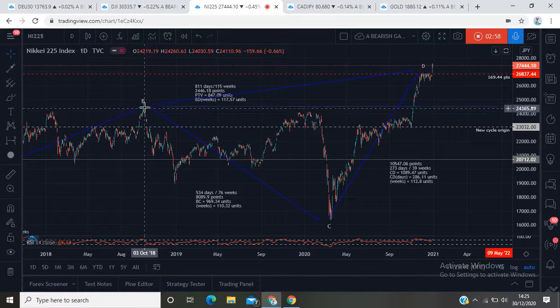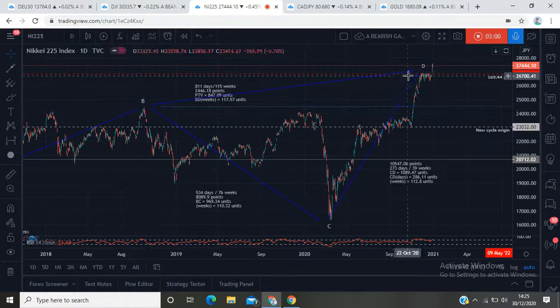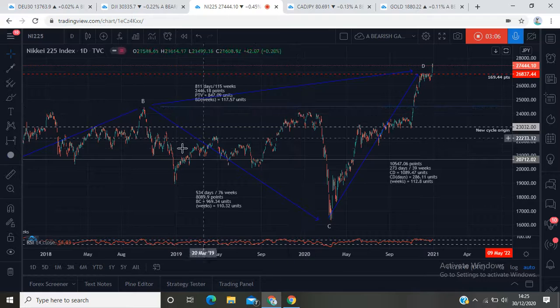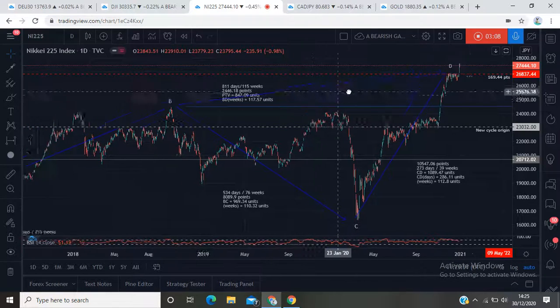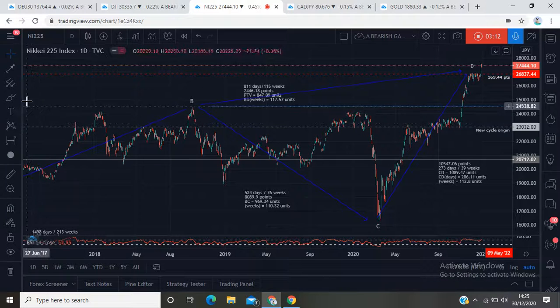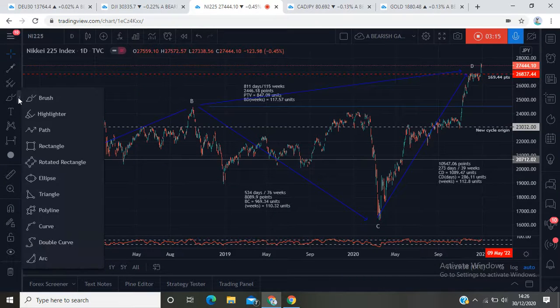So we measured also the wave from B to D, and we had 117.57 units. Actually, we used the third dimensional measurement for these waves, so it's just a simple thing. Let's just illustrate it quickly. Let's use a triangle.